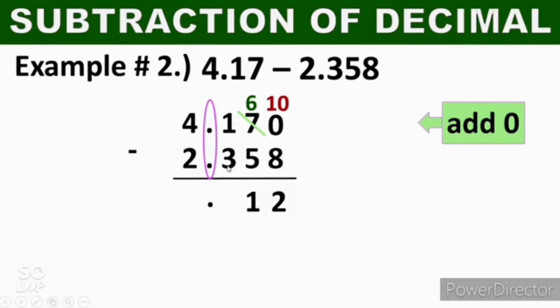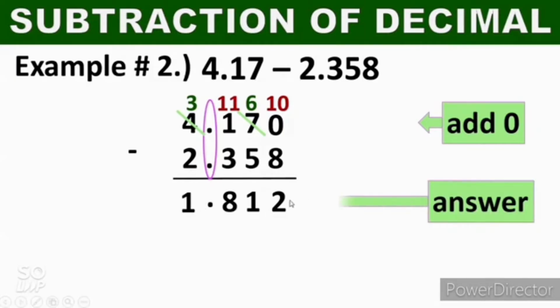Again, 1 minus 3, we can't subtract, so we borrow 10 from 4. So it becomes 11, and 4 becomes 3. Then 11 minus 3 is equal to 8. Then 3 minus 2 is 1.